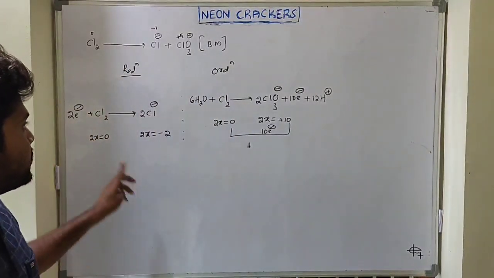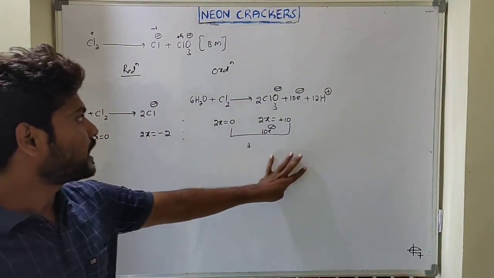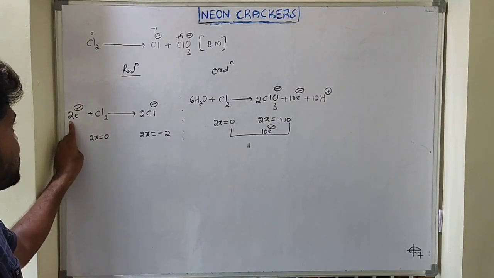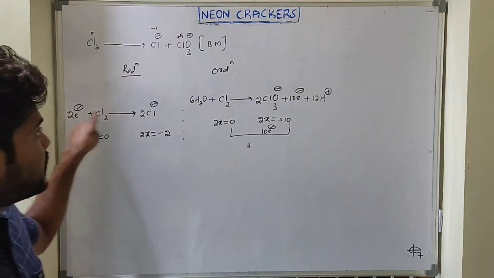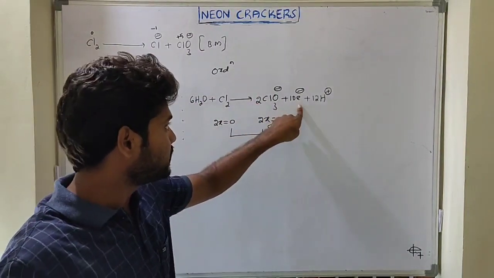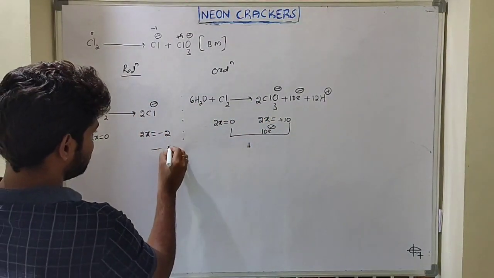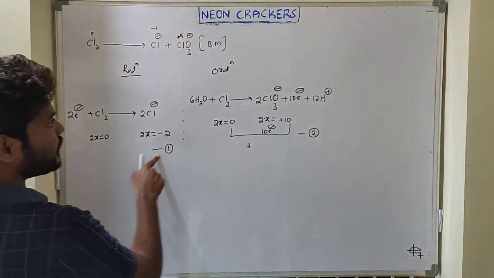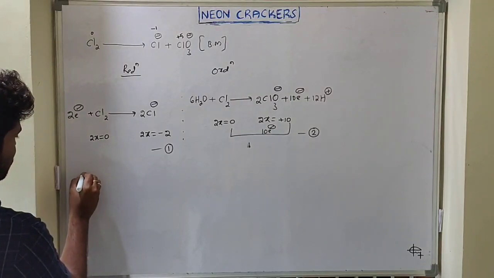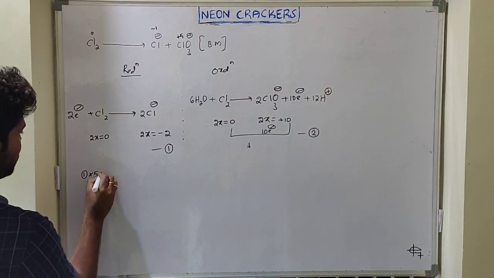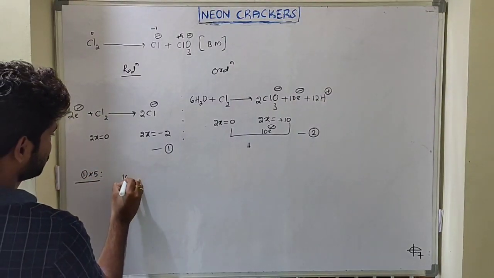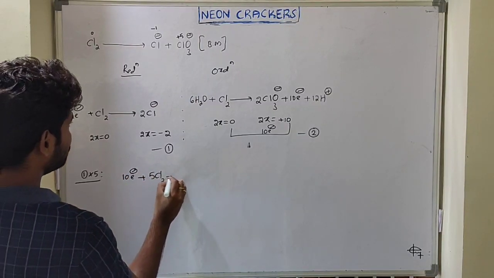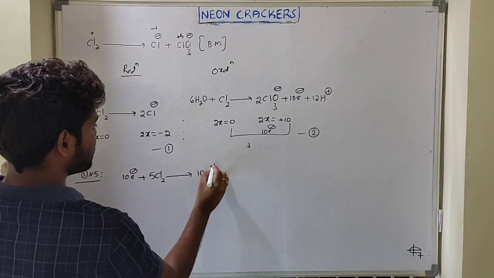After this, balance the number of electrons in both reactions. On the left side, the reduction reaction has only 2 electrons, and the oxidation reaction has 10 electrons. Suppose this is the first equation and this is the second equation. 1 into 5 gives 10 electrons, so equation 1 into 5: 10 electrons plus 5 Cl2 giving 10 Cl minus.